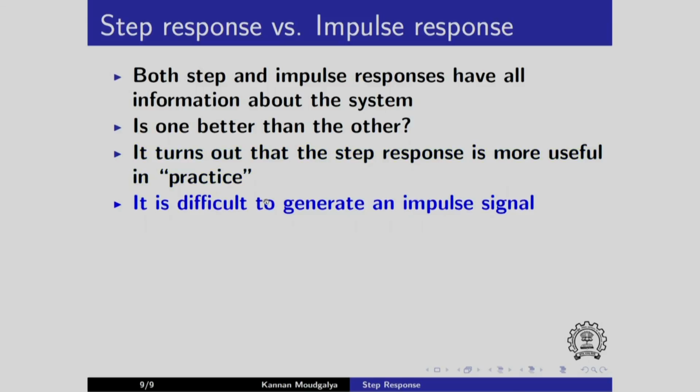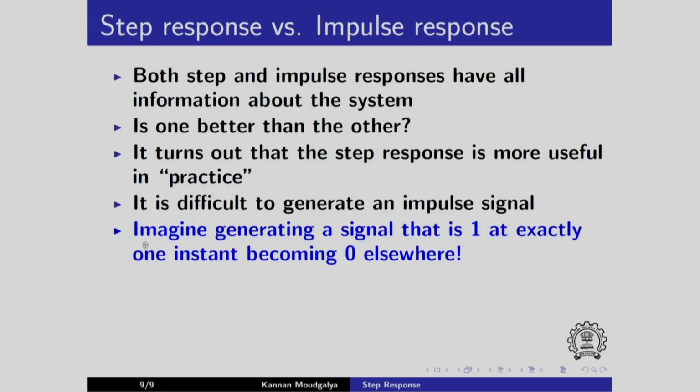In general, it is difficult to generate an impulse signal. Why? Imagine generating a signal that is 1 at exactly one instant and 0 elsewhere. This becomes difficult, especially when the sampling frequency is very high. The time gap between two samples is very small, of the order of milliseconds or nanoseconds.